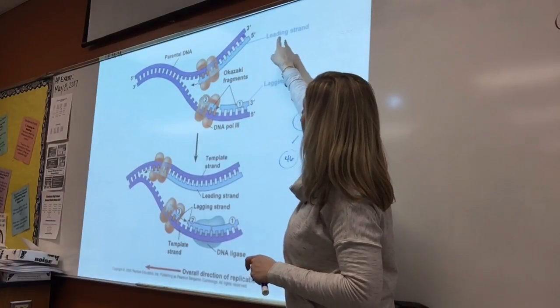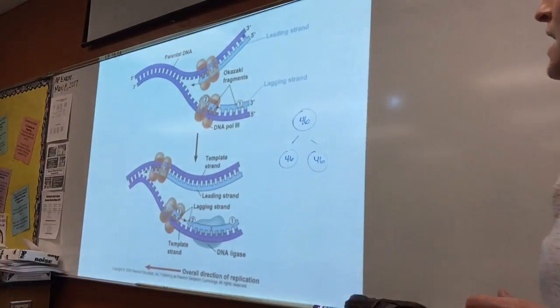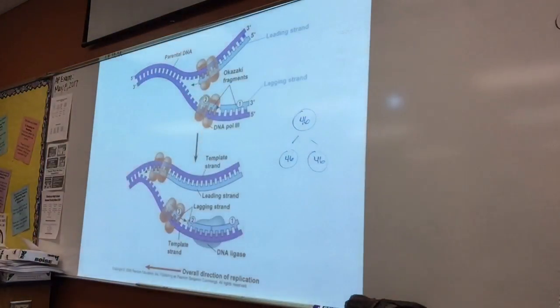Now we say that this one's the leading and this one's the lagging strand. Can somebody tell me what the difference is between the leading and the lagging strands? Megan?